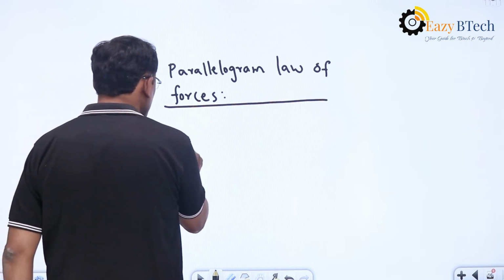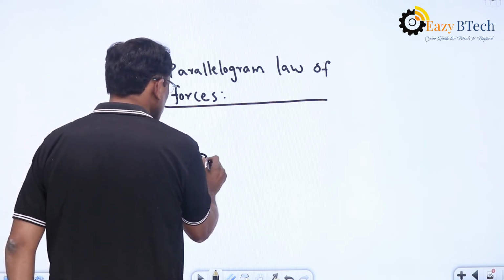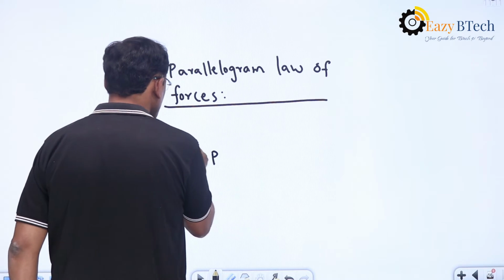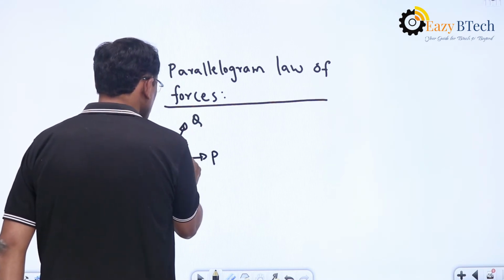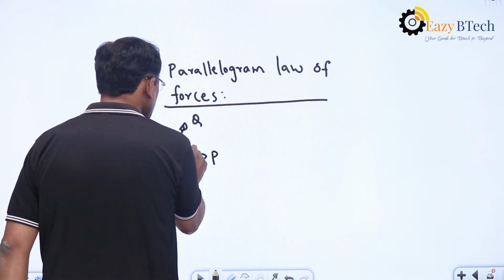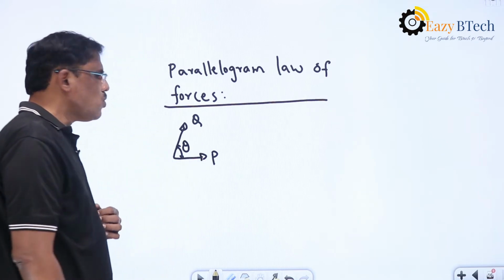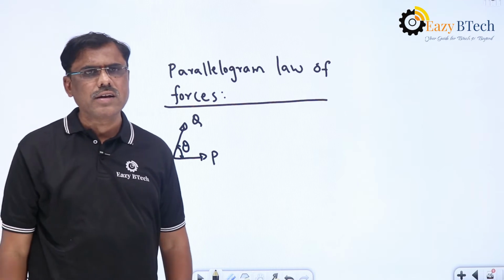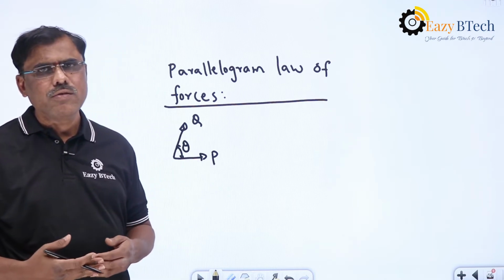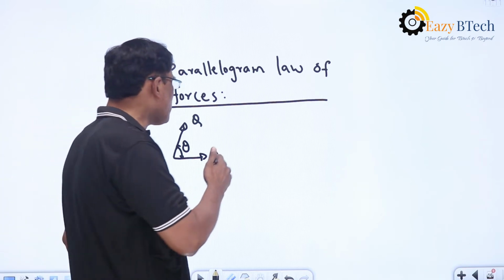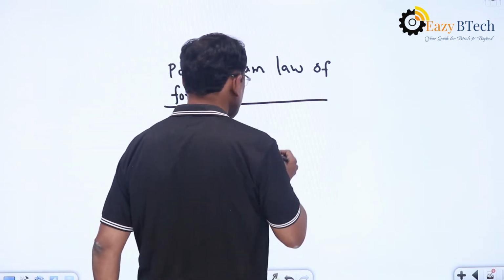Let us say there are two forces, one is P and another one is Q, and these two are inclined at an angle theta to each other. The parallelogram law of forces gives the magnitude and direction of the resultant.